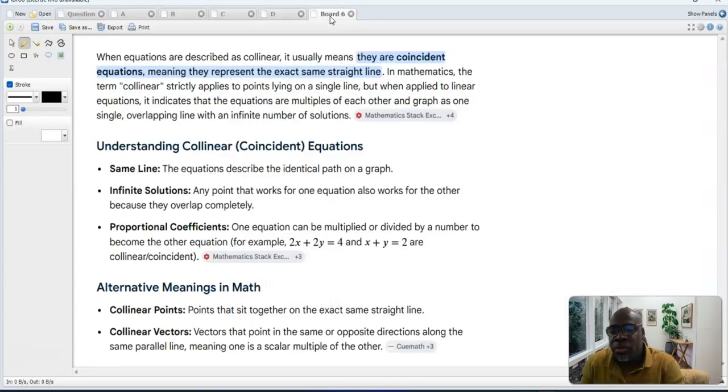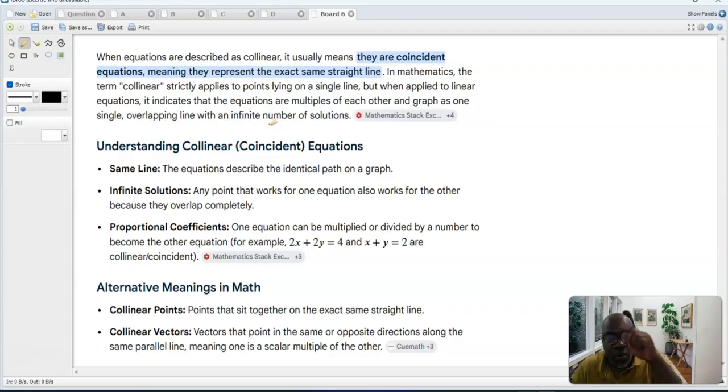Let's look at the definitions. When equations are described as collinear, it usually means they are coincident equations, meaning they represent the exact same straight line. And you saw that. In mathematics, the term collinear strictly applies to points lying on a single line, but when applied to linear equations, it indicates that the equations are multiples of each other.